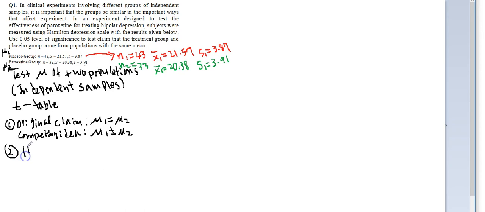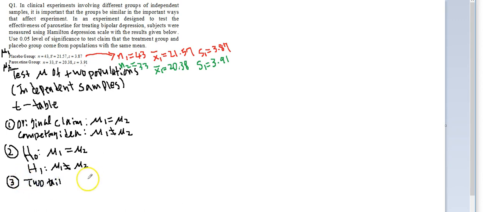Now let's find out what the null hypothesis is. It's always equal, so you get mu1 is equal to mu2. Now remember, our alternative hypothesis has to be less than, greater than, or not equal to, so in this case it's going to be the competing idea, mu1 is not equal to mu2. So this tells us that we have a two-tailed test.